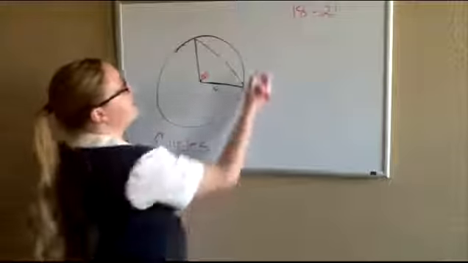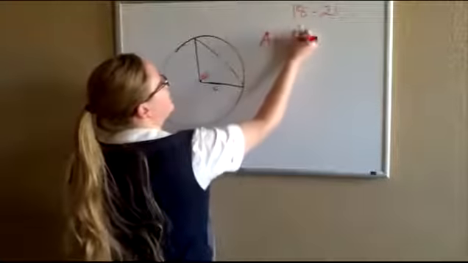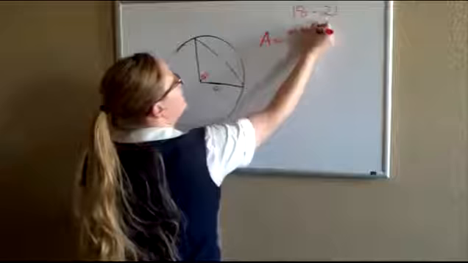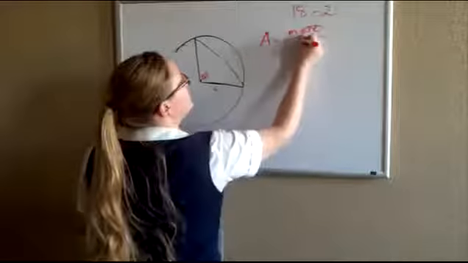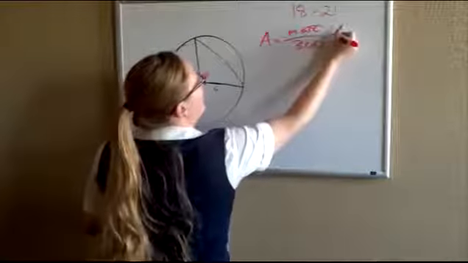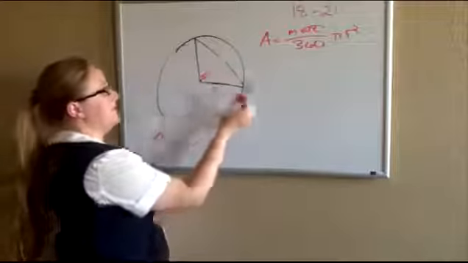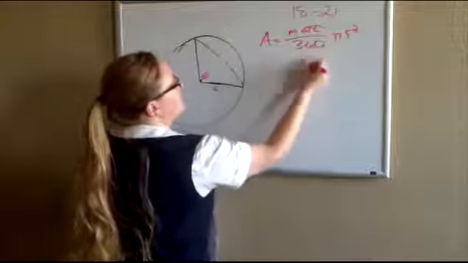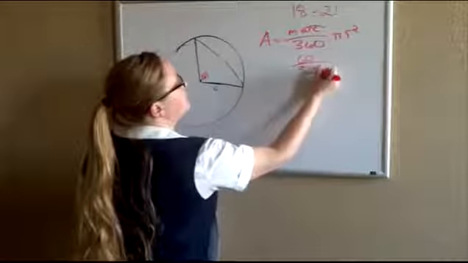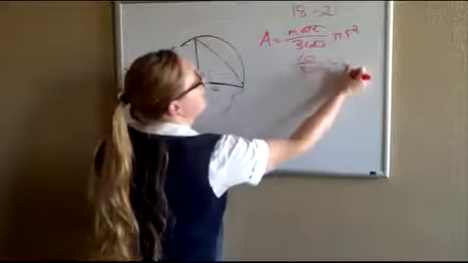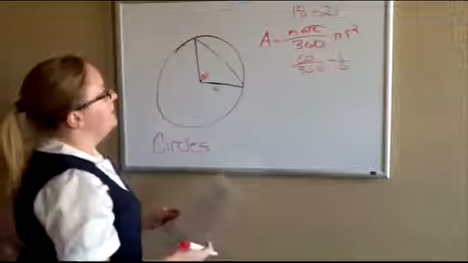So we know the area of the sector is equal to the measure of the arc over 360 times pi r squared, right? So this would be 60 over 360. So we just have to tell them, hey, this reduces to 1/6. And we know that. All right.